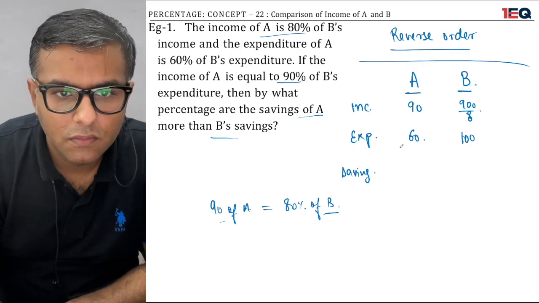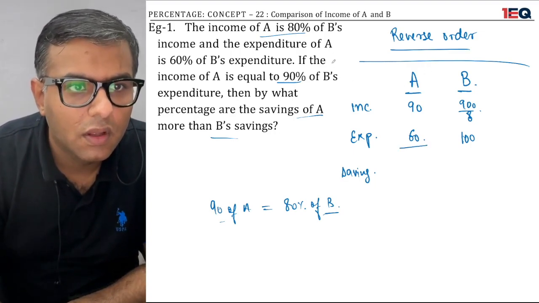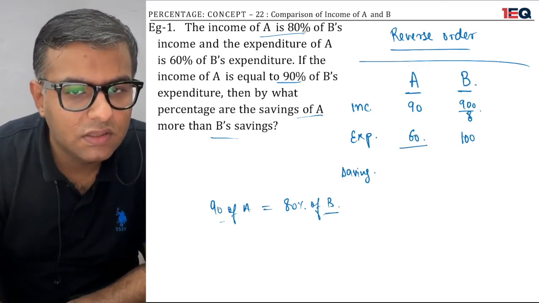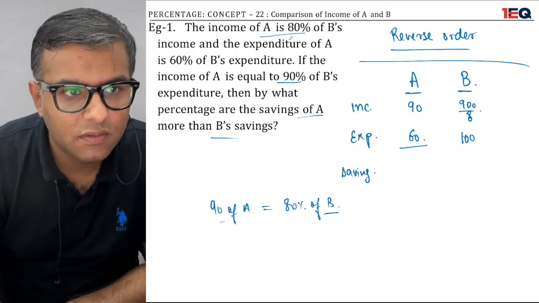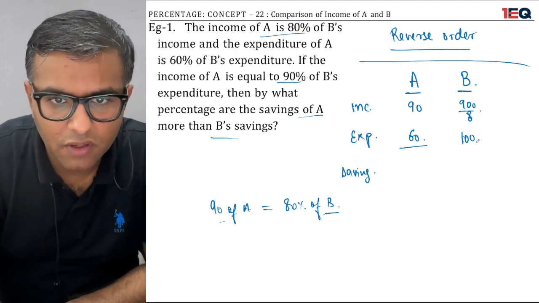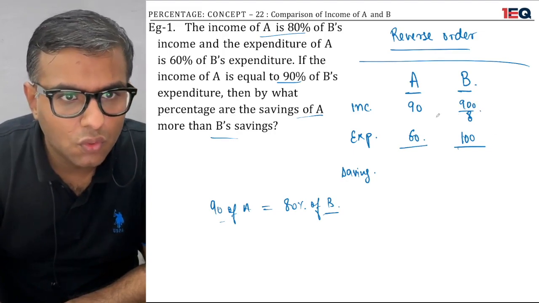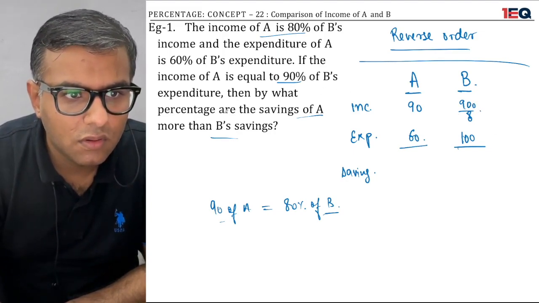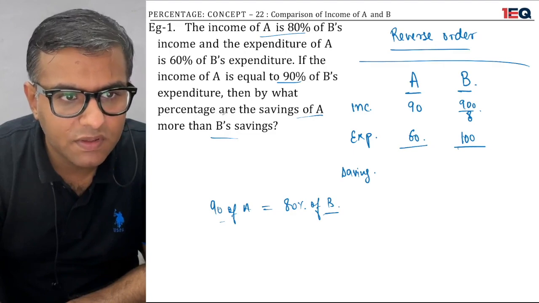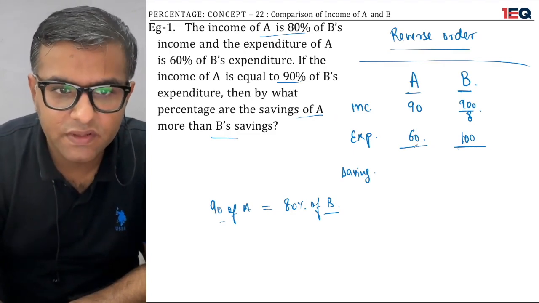Okay, and the income of A is 80% of B's income. I have gotten till here. So it's talking about the percentages. Then by what percentage are the savings of A more than the savings of B?